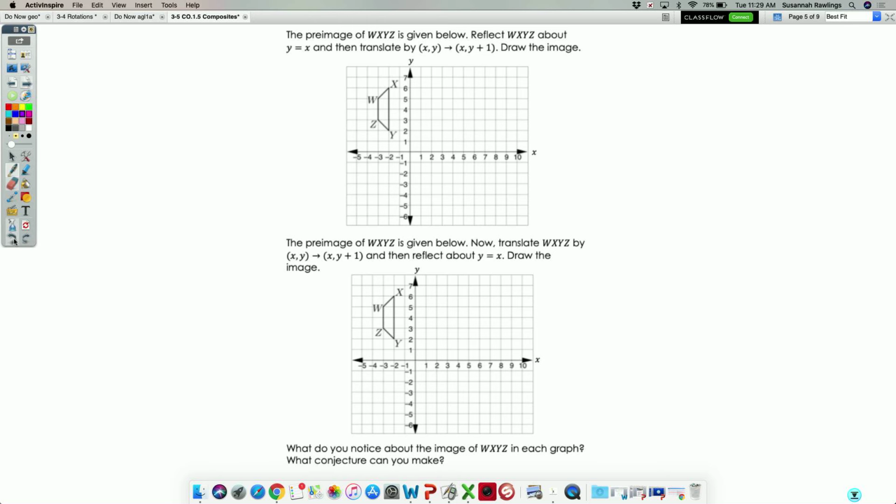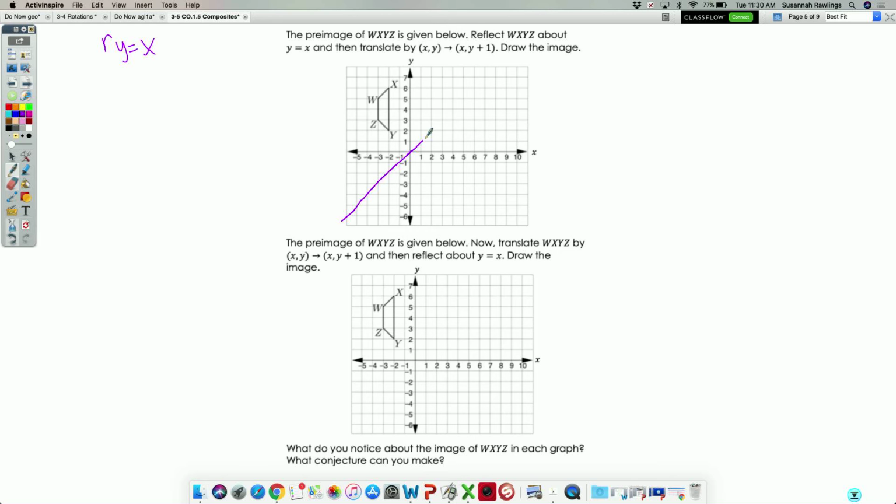So we're going to have two transformations here. My first one is reflecting across y equals x. You should know how to draw that line, so draw that line. The line y equals x should be that diagonal where all of your x values equal your y values.